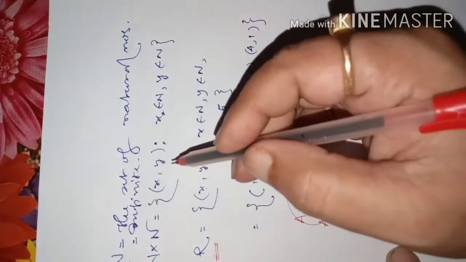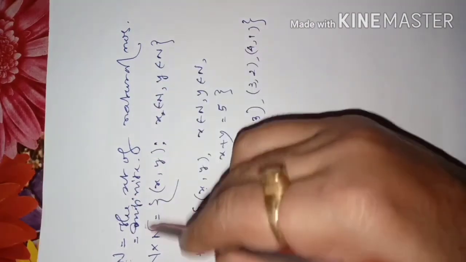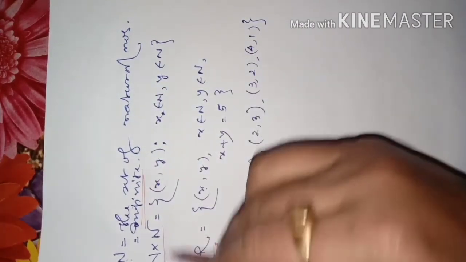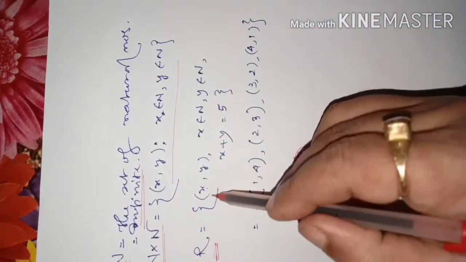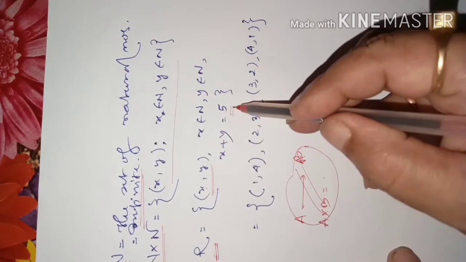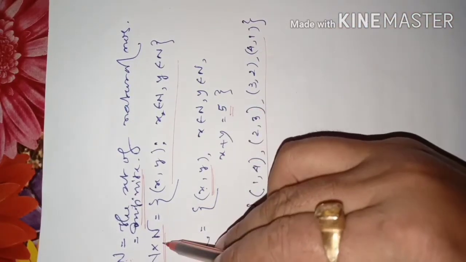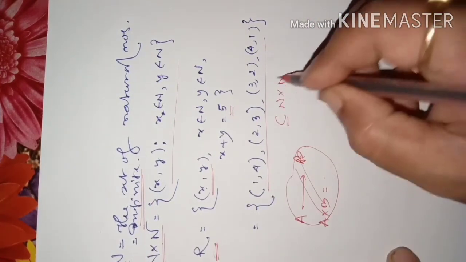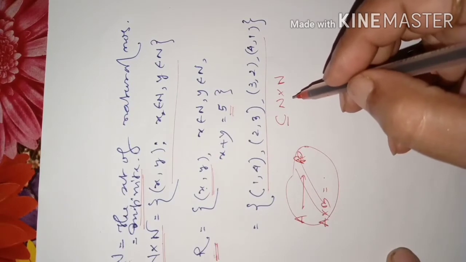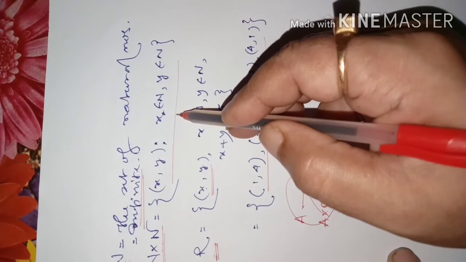N is the set of natural numbers, which is an infinite set. Then N cross N will have an infinite number of pairs. So if we pick only those pairs whose sum is 5, then that will be a subset of N cross N, the Cartesian product of N with N, which has an infinite number of elements.